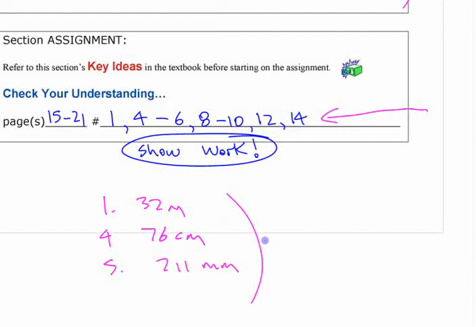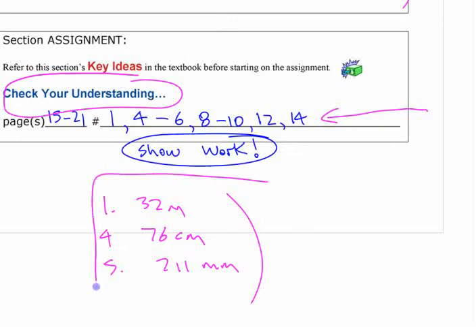The answer you can get from the back. You're trying to show me that you understand. I might be using this to assess whether you understand. If this is what you show me, I have no clue whether you understand, to be honest with you. I'm not saying you copied it out of the back, but this doesn't show me anything, right?